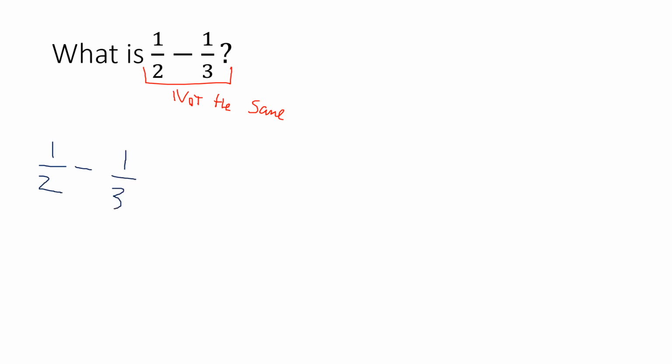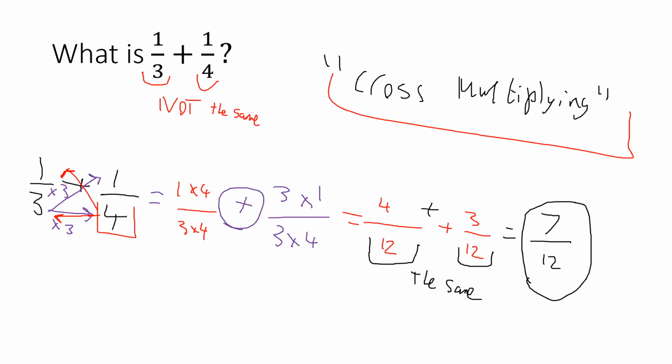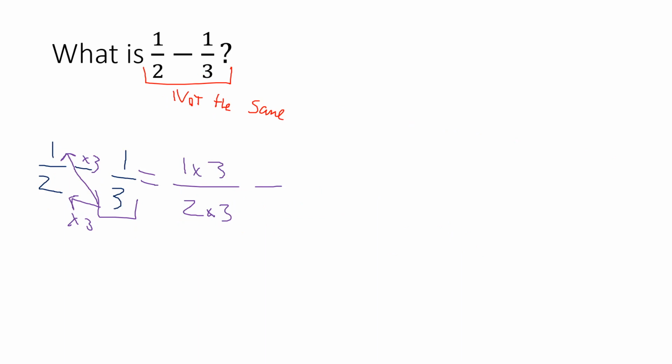The first thing we're going to do is get this 3, and we're going to multiply each of these by 3. So this will be the same as 1 times 3. This denominator will be the same as 2 times 3. And this time, instead of a plus, which is what we had here, we're going to minus.